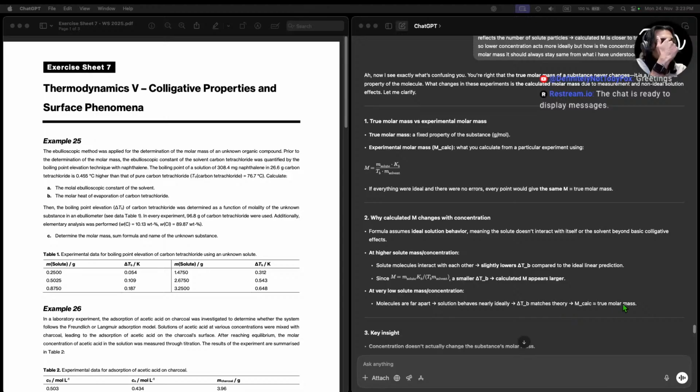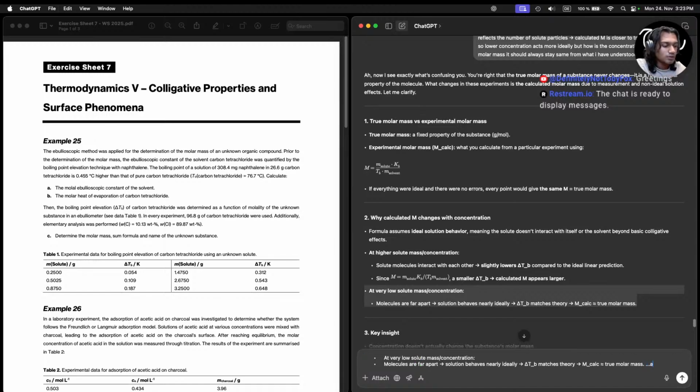Again, how does low solute concentration, can you explain how does low solute mass give accurate results?